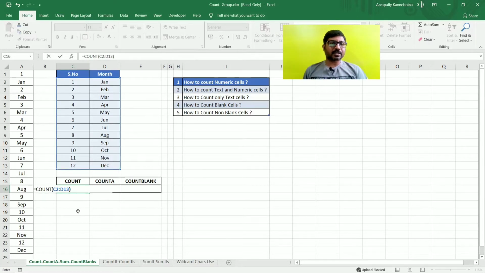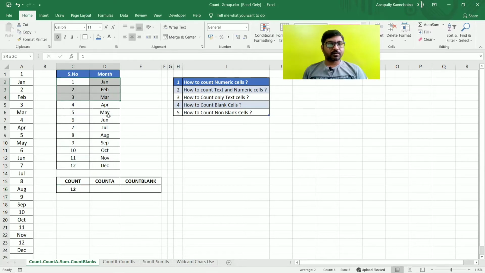This is the syntax for COUNT: write the formula name COUNT, open the bracket, select the range whose numbers you want to count, then close it. You get the result. We selected both columns in this range, but we get only the numbers. This is the use of the formula.